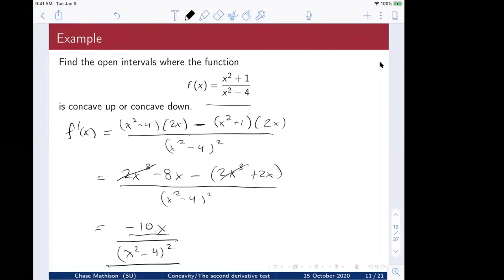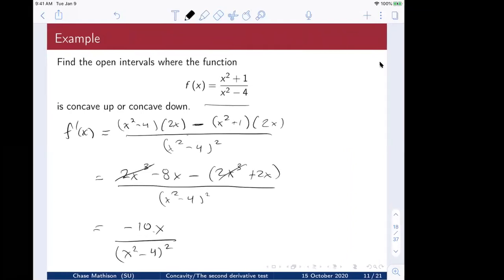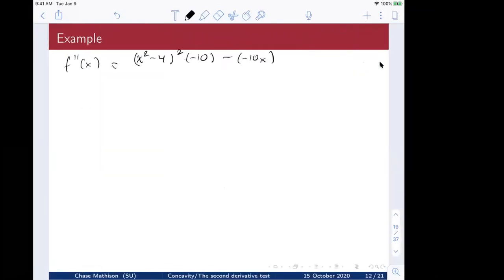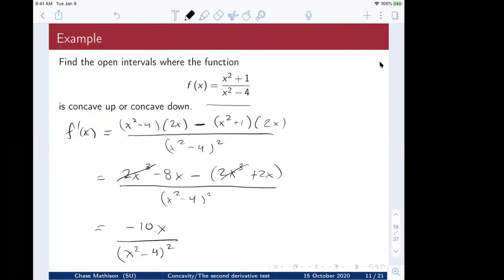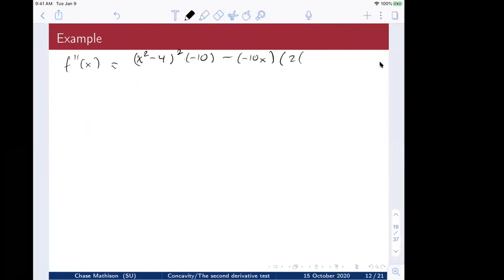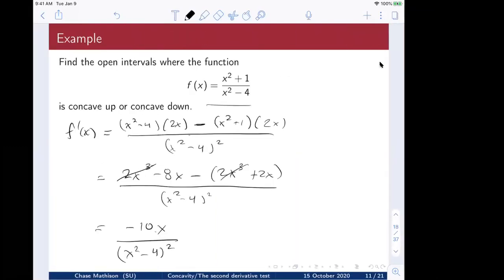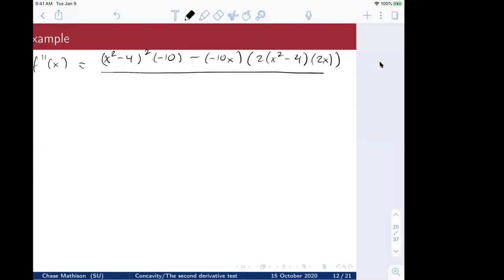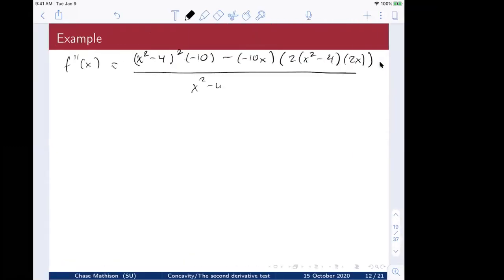Well, how do I take the derivative of the bottom here? Chain rule. Very good. So I'm going to write it out quickly to save some time. You're going to get 2 times x squared minus 4 times 2x, over the square of what's below. So x squared minus 4 squared squared is going to give me x squared minus 4 to the 4th, right?